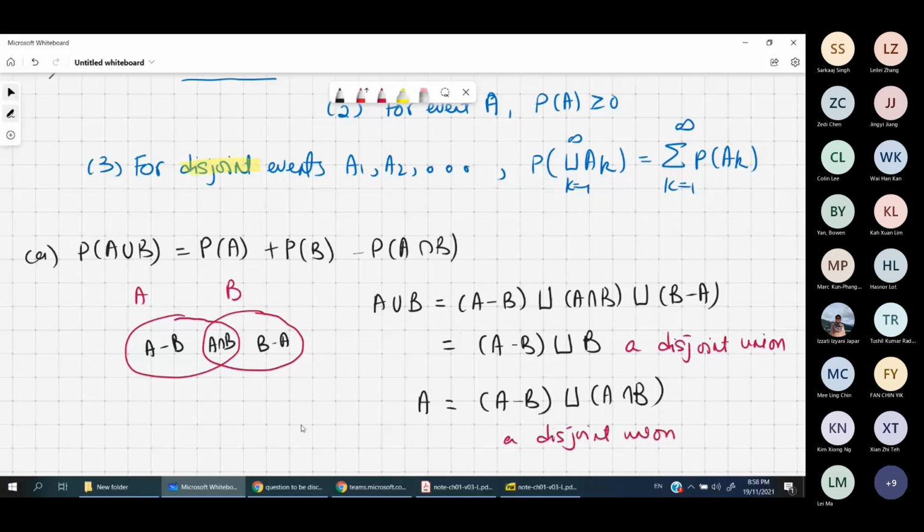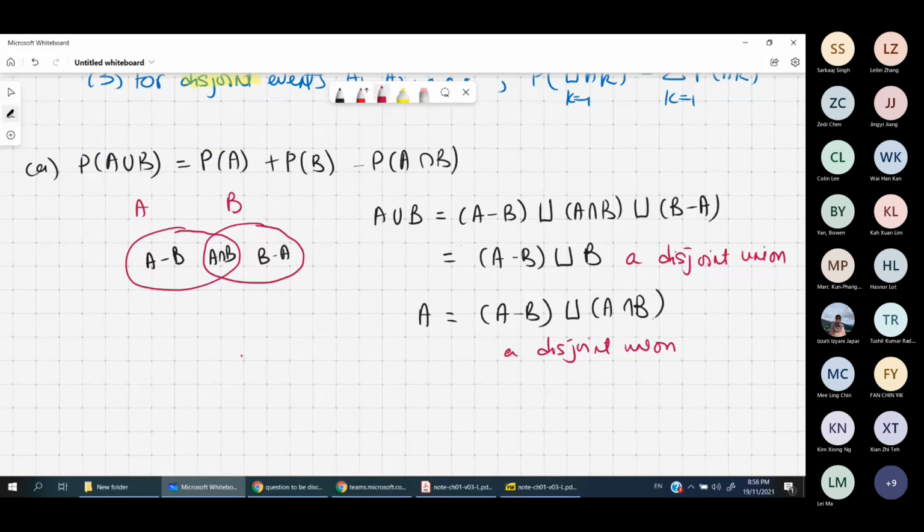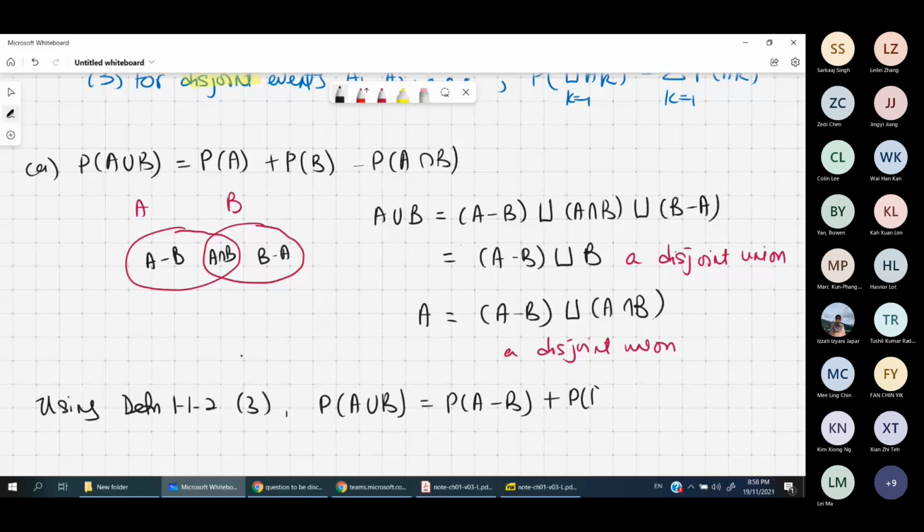Once we have a disjoint union, we can make use of property 3, the definition 1.1.2 number 3. So we have P(A or B) is P(A but not in B) plus P(B).